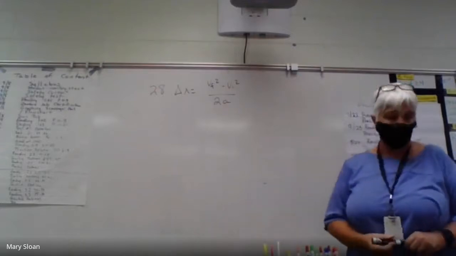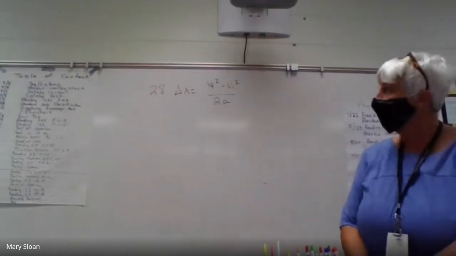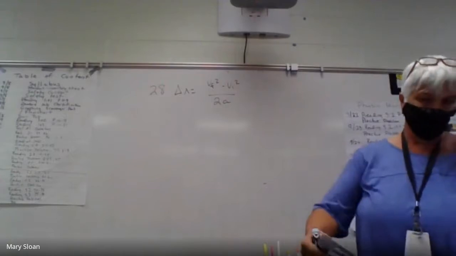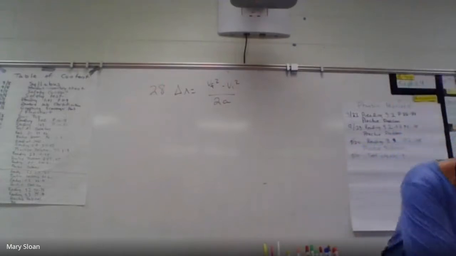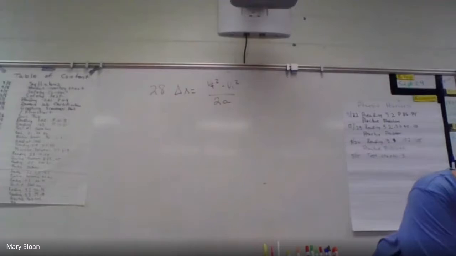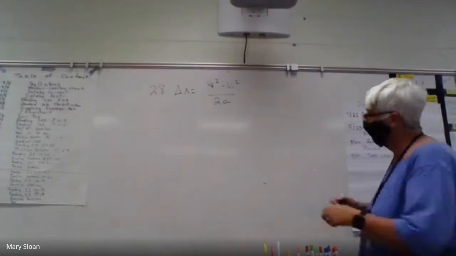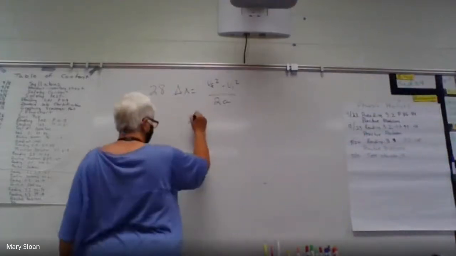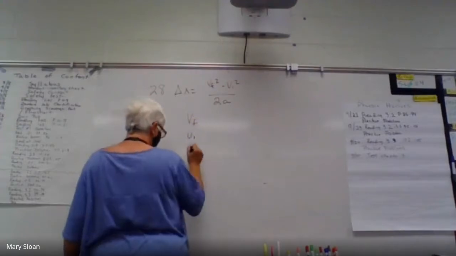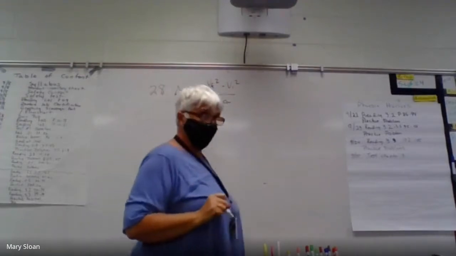So let's look at the problem. It says a car with initial velocity of 24.5 meters per second east has an acceleration of 4.2 meters per second west. What is the displacement of the movement? And the velocity is 18.3 meters to the east. So I have velocity final, velocity initial, and acceleration.